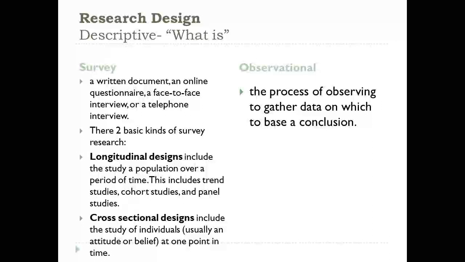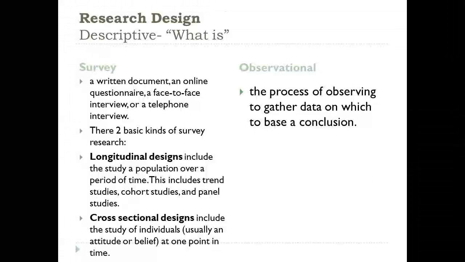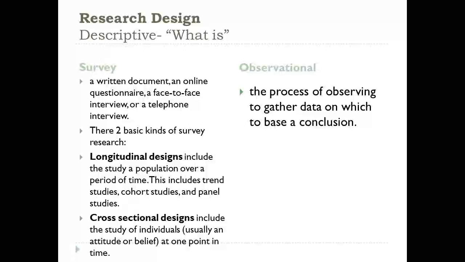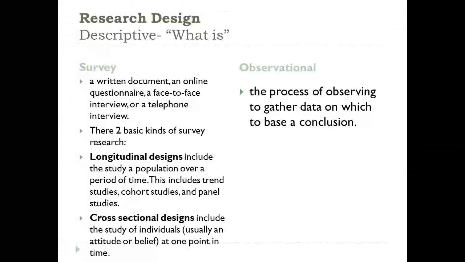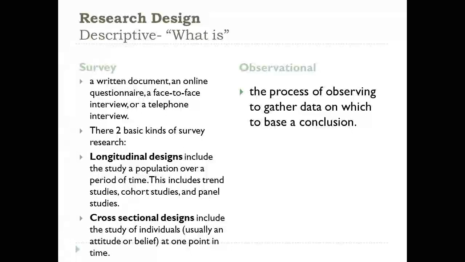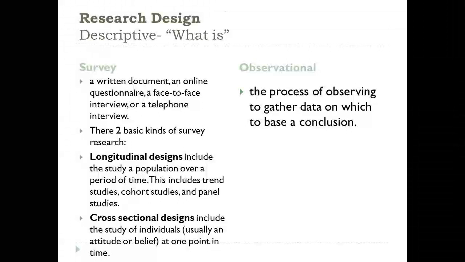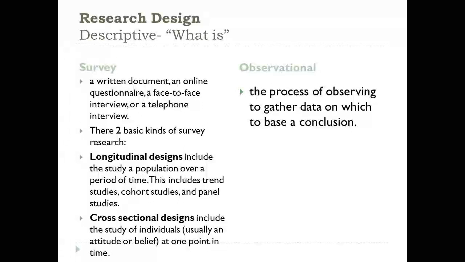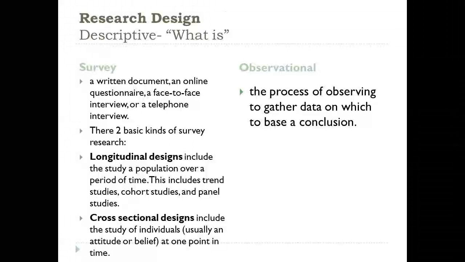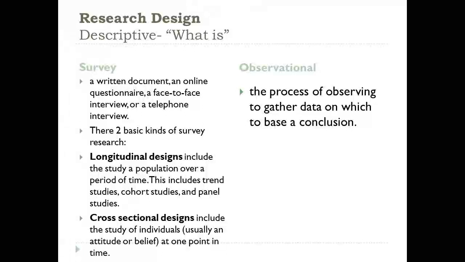So maybe going back to our example of Charlie, maybe he wants to study the academic achievement of students identified with anxiety disorder in their freshman year of college, their junior year of college, and their senior year of college. He's studying them over a period of time. A cross-sectional study then just looks at individuals at one point in time.